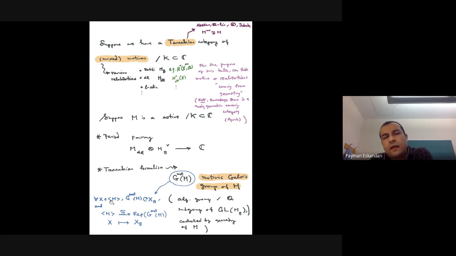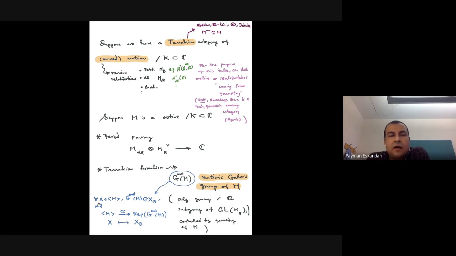Essentially, it contains M and the unit object, and has to be closed under taking direct sums, subquotients, tensor products, and duals.